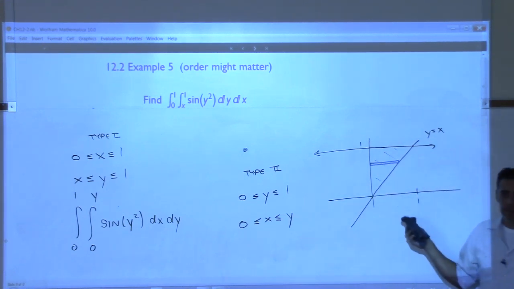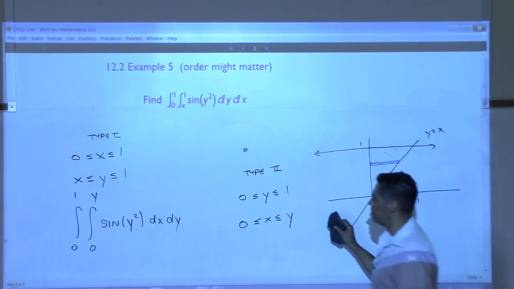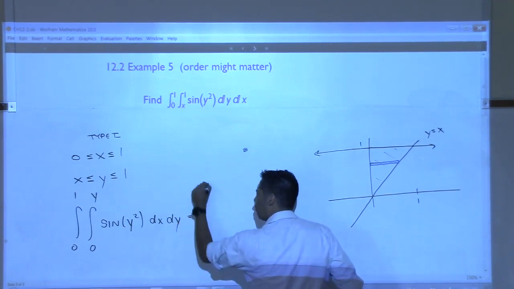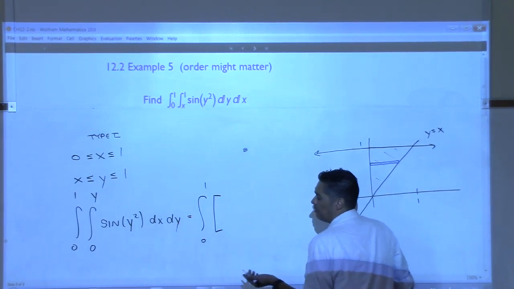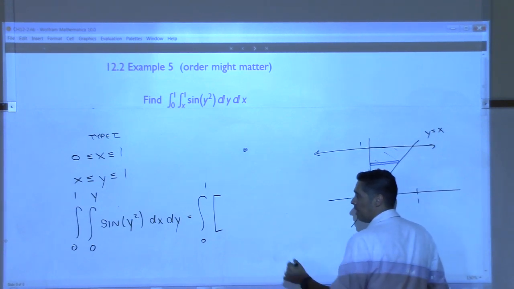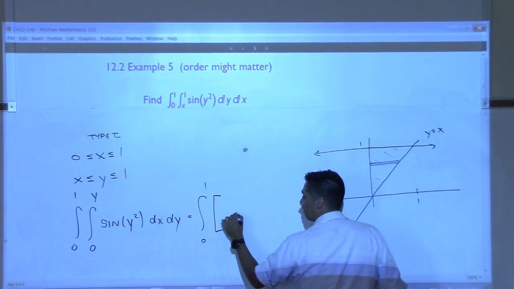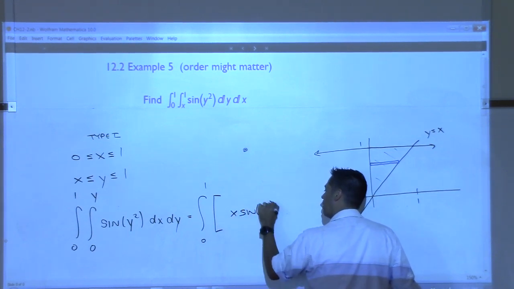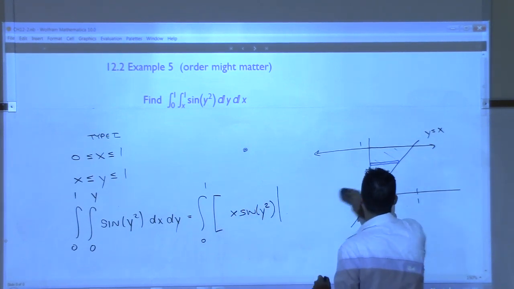See, do you see what happened here? Let's see. We should be able to do this. Okay, so let's go here. This is integral 0 to 1. The inner integral, the antiderivative of sine of y squared with respect to x is just x times sine of y squared. And we're evaluating that where?